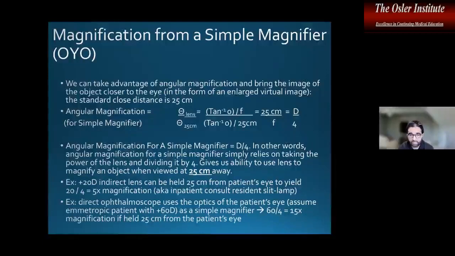So for example, you have a 20 diopter lens and you hold it 25 centimeters from the patient's eye, how much magnification can you get? So you're going to get 20 divided by 4, and that'll give you about a 5x magnification of the patient's eye. So this was what we call the inpatient consult resident slit lamp. You can use the 20 diopter lens to examine a patient's eye if you don't have access to a handheld slit lamp.